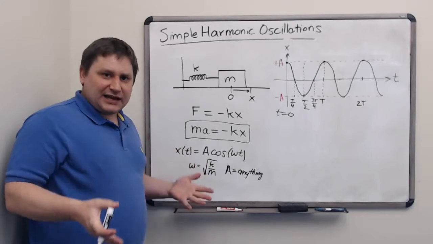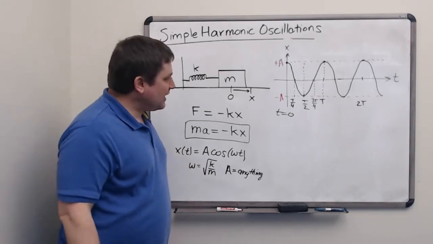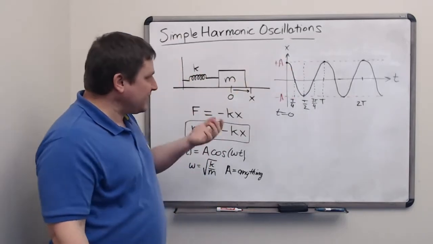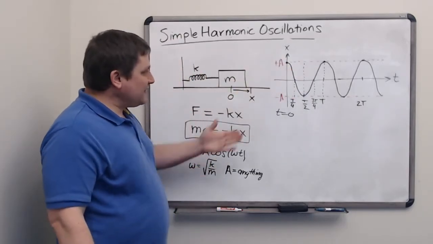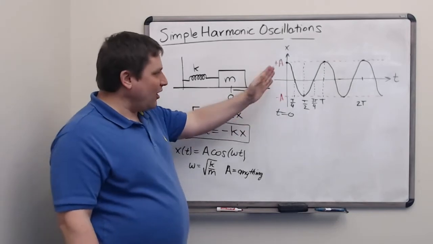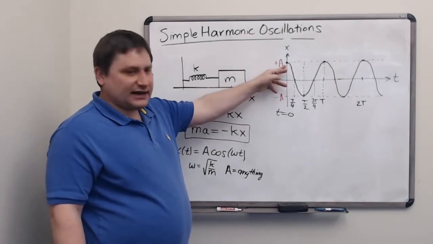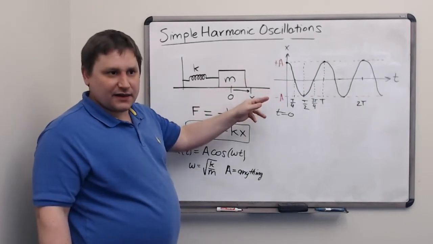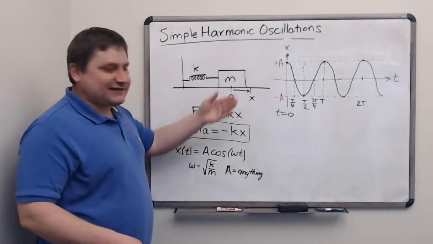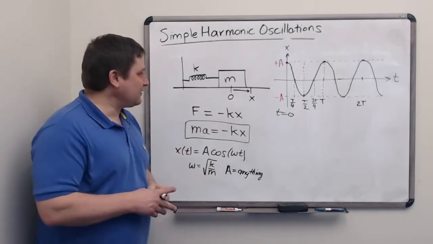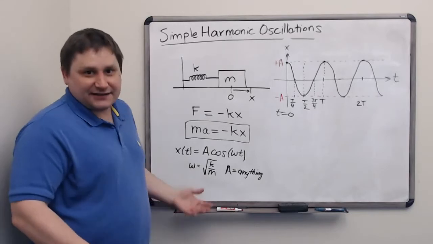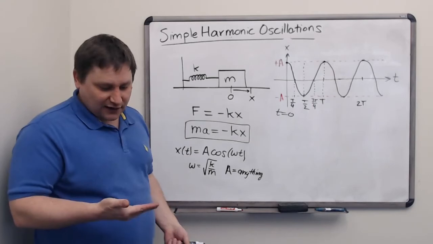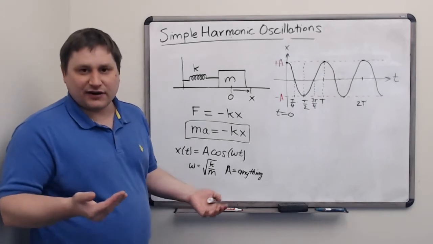Now you might complain when you look at this graph: the oscillation goes back and forth between plus and minus A, so that's okay, but this solution predicts that the oscillation always begins at a position of x equals A at time 0. Imagine this mass on spring system was set up by one of your lab mates, and you were late to lab, so you just walked into the room and it was already moving, and then you just started your stopwatch at an arbitrary time.